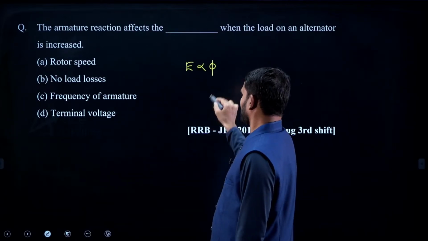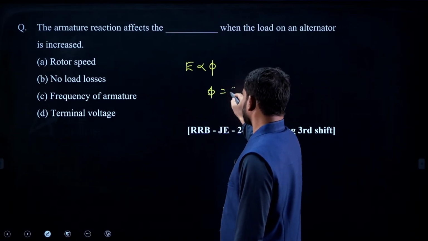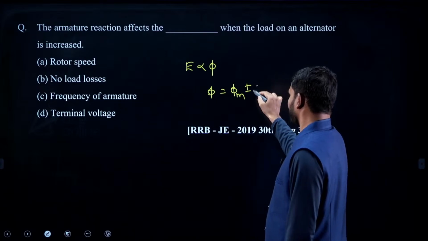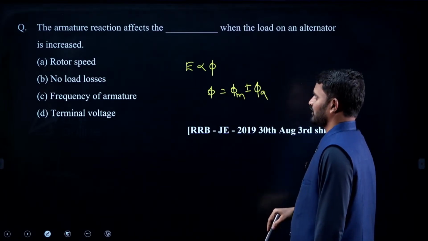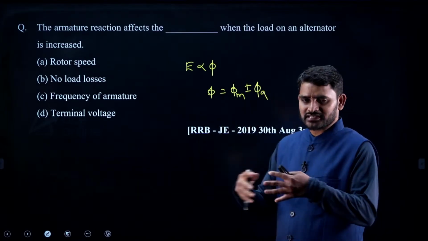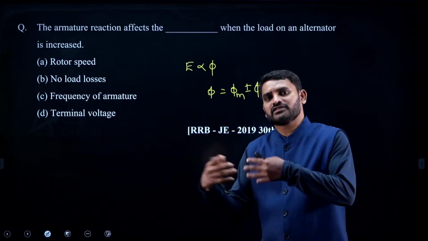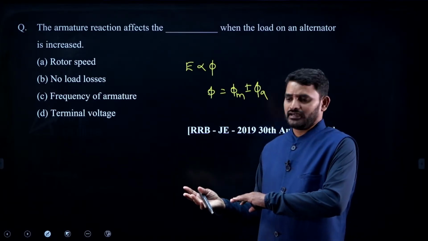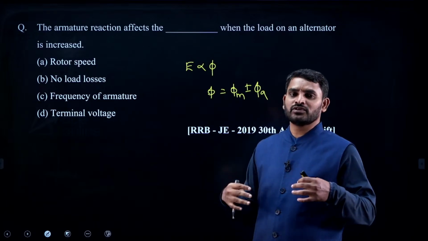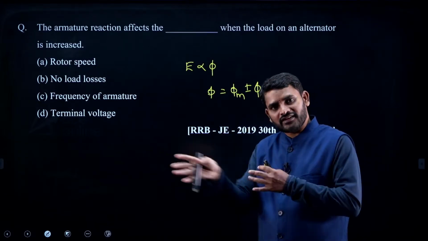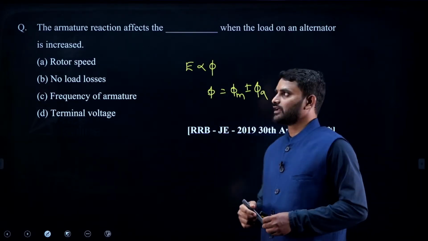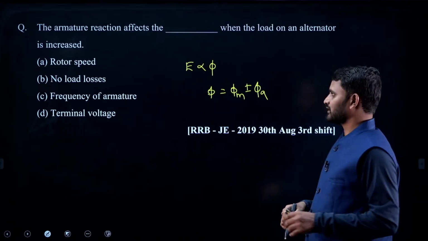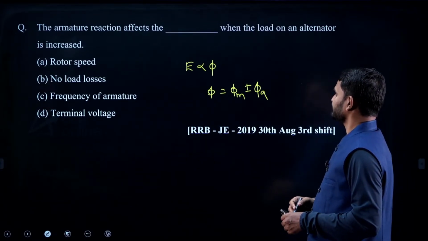The resultant flux is a combination of main field flux plus or minus armature flux. This is armature reaction: interaction of armature flux with the main field flux. The interaction may lead to a decrement in resultant flux, an increment in resultant flux, or a deviation in resultant flux.